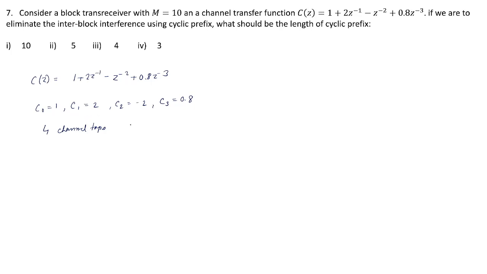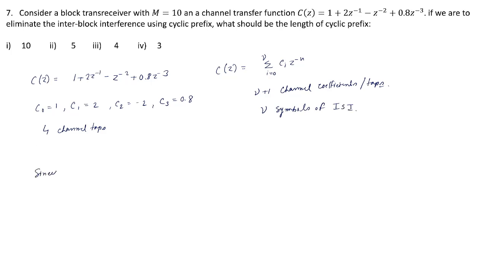In the lecture notation, C(z) is denoted as the sum of C_i z^-i, from 0 to mu. So you have a total of mu plus 1 channel coefficients or taps, what do you say? So this corresponds to mu symbols of ISI.